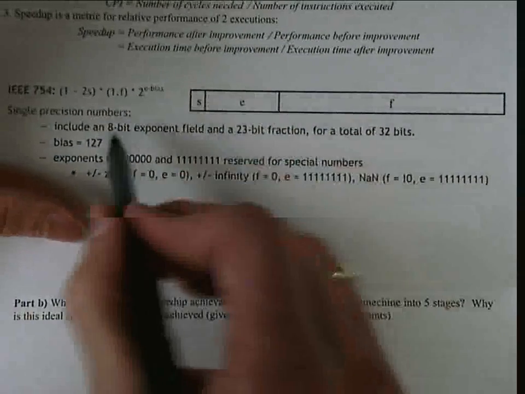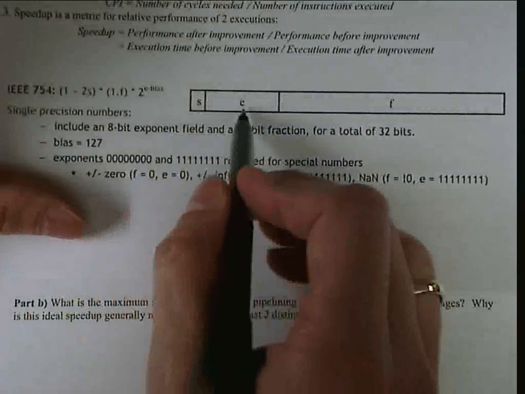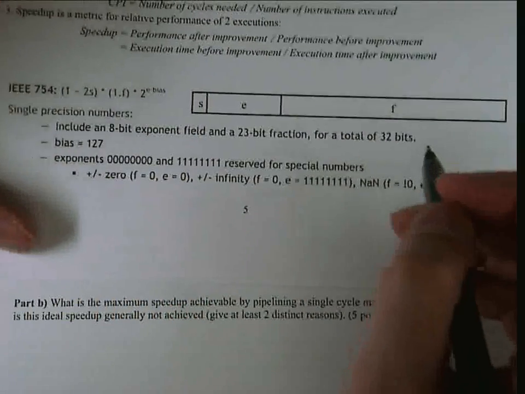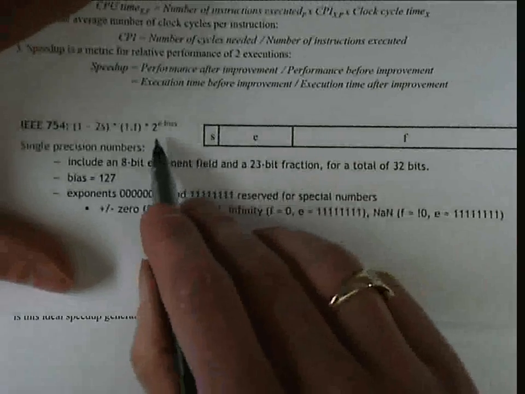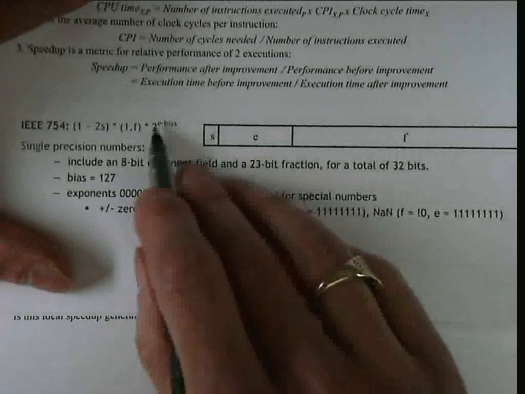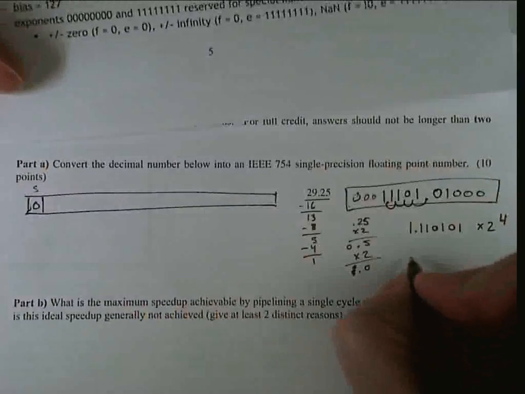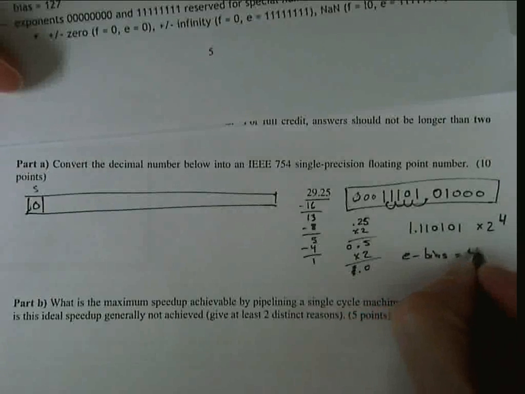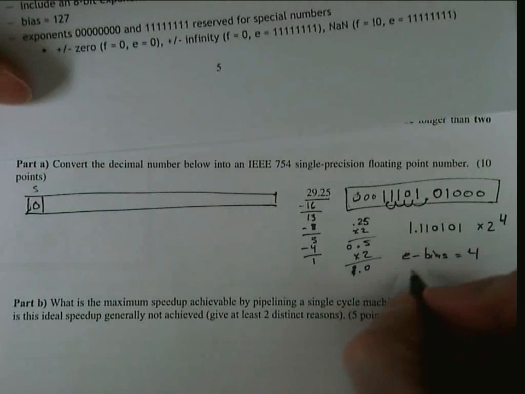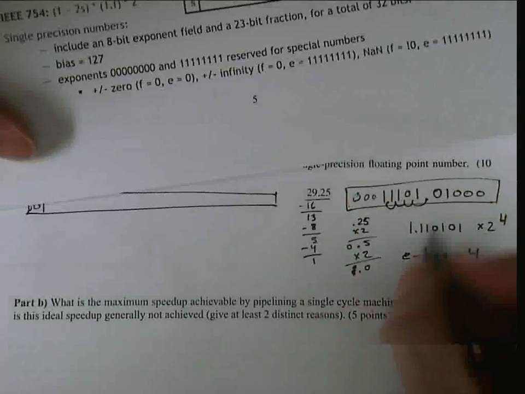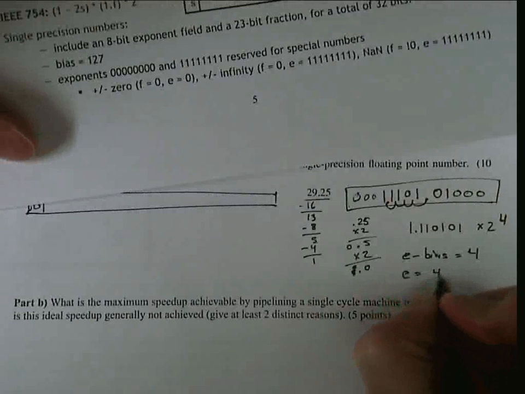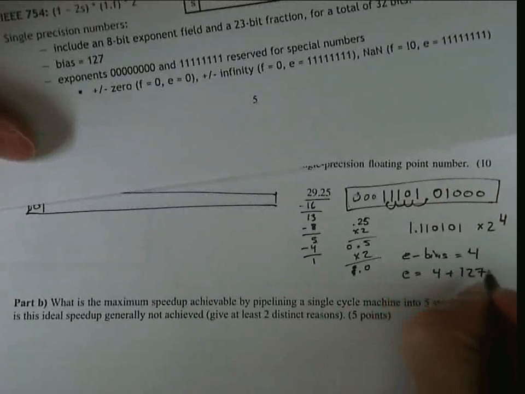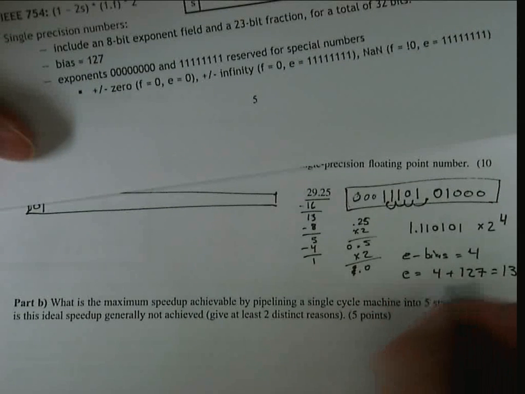And then there's an 8-bit exponent field, which is going to be filled in by E minus bias. So I know E minus bias is equal to 4. Bias says 127. So E equals 4 plus 127, which is the same as 131.